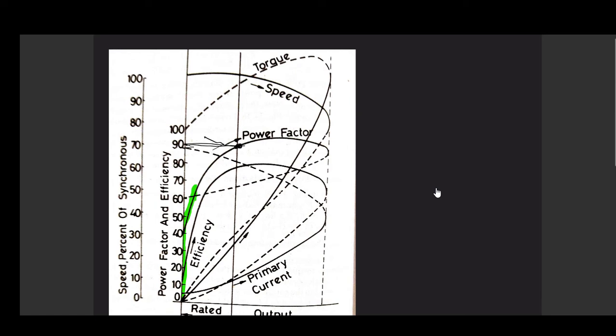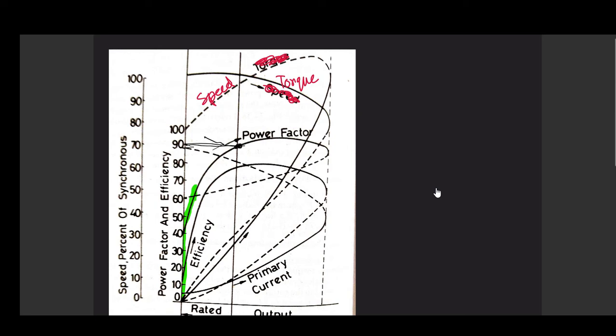There is a problem in this diagram, they have made a mistake with speed and torque. This is our speed curve and this one is our torque curve. Okay, now what is happening here about primary current.